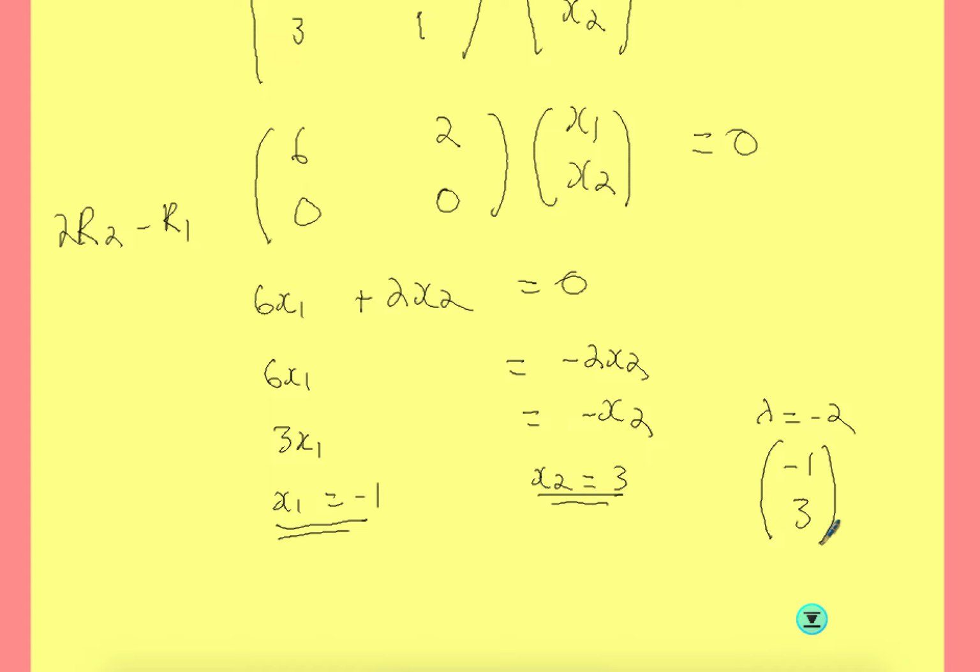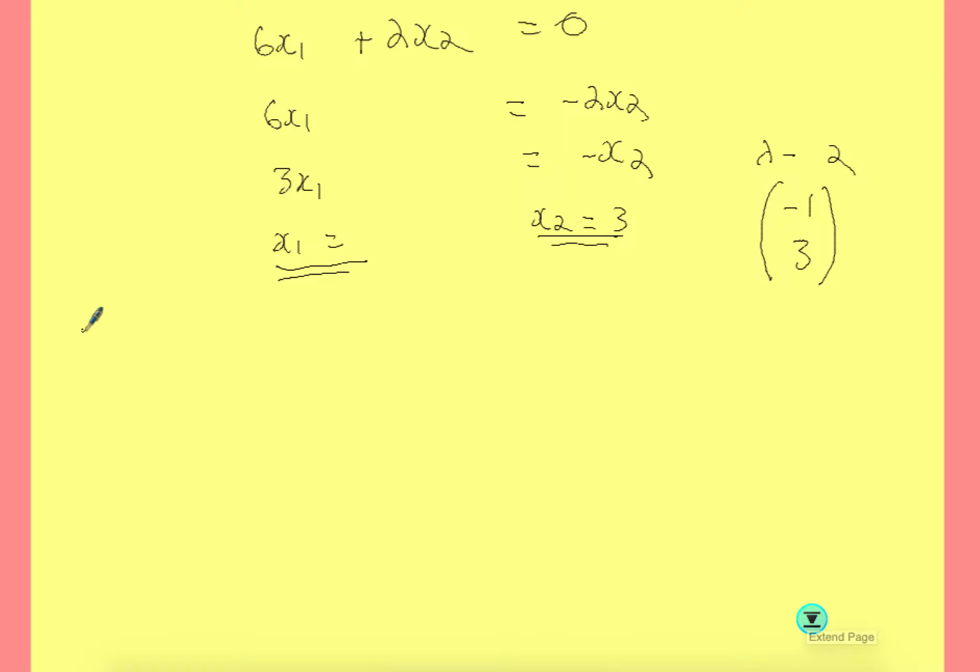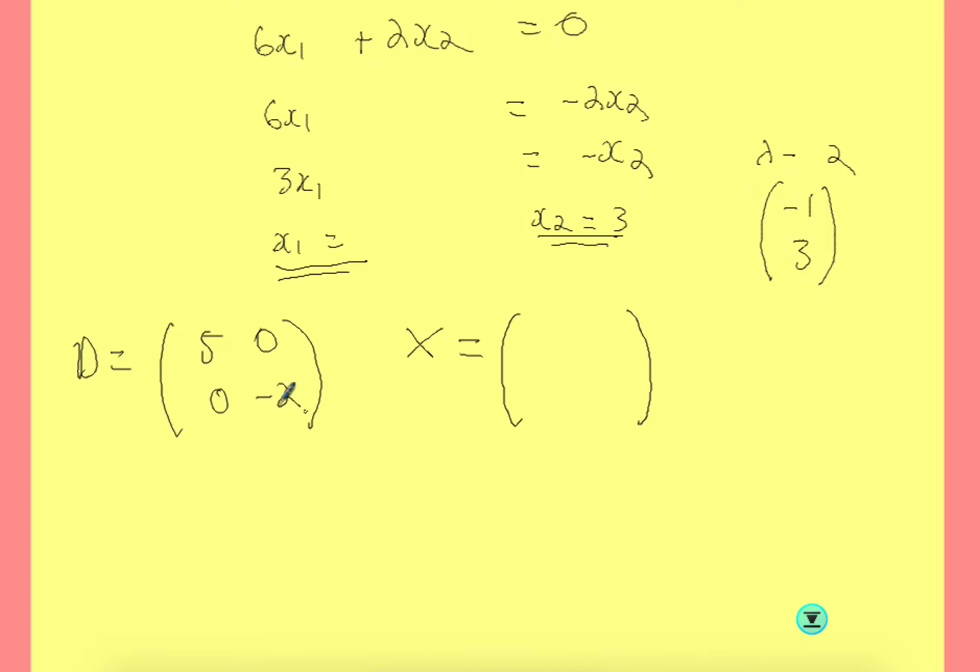Okay, so far all I've done in this is find the eigenvalues and eigenvectors of a 2 by 2 matrix. Right, now I've written this down already, that my diagonal matrix D is 5, 0, 0, -2, because that's the matrix made up of the eigenvalues on the diagonal. Now X is the matrix made up of the eigenvectors going down the way.